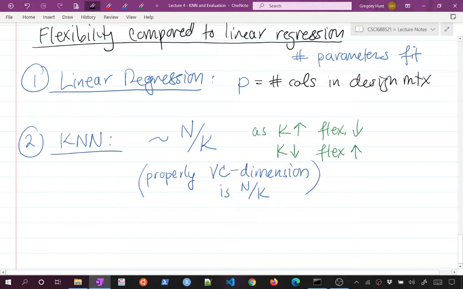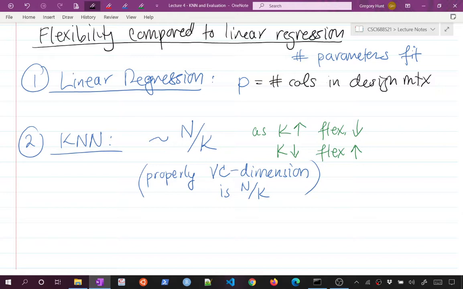And how can I increase the number of columns in my design matrix? I could look at transformations of my variables. If including not only x1 and x2, but x1 times x2, how did we do that in the linear regression lecture? I added on a column to my design matrix. That was x1 times x2. And so I've increased the flexibility, and not surprisingly, I have a more complicated model, and I can fit something more complicated.